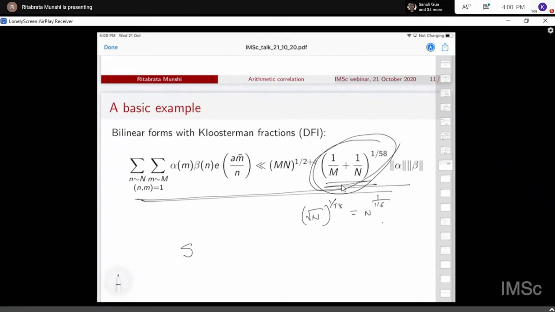Finally, we're able to conclude that S is bounded by the bound after applying the circle method, minus 1 that we saved from applying the summation formulas and the sum over A, minus 1 by 16, which is N to the power 1 minus 1 by 16. That's how we can show that the Fourier coefficient of GL2 and the Dirichlet character are independent of each other.